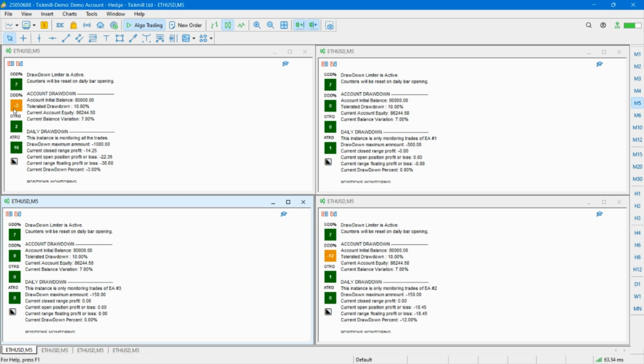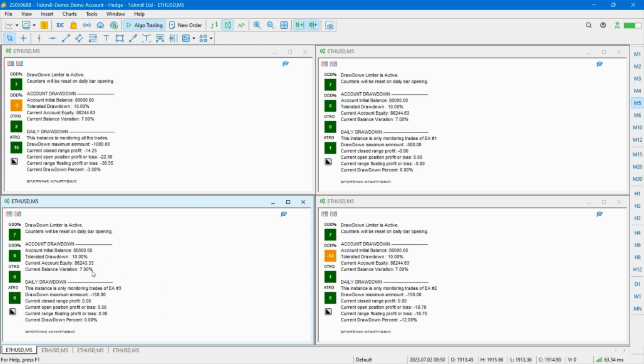Globally on my account, I'm minus 3% of the 1,000. So I'm losing around, let's say, $30. You can see that one trade was taken with EA1 and it was a losing trade. I have lost 80 cents. With EA2, I have a trade that is ongoing, and which is a losing one.